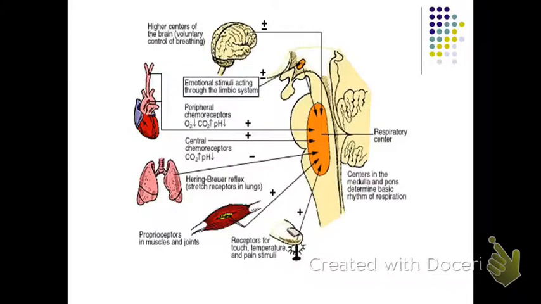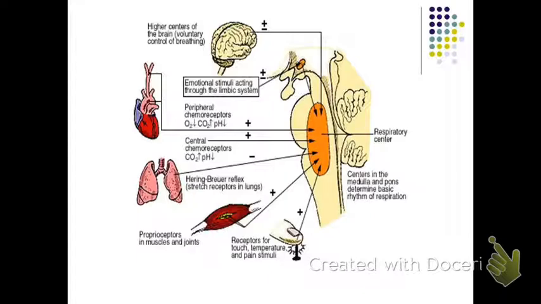So here's just an image depicting how the brain is able to process all of these factors that influence the respiratory rate and depth. So you have the brain, which is like the processing center of all of these stimuli, and it has voluntary control over breathing.